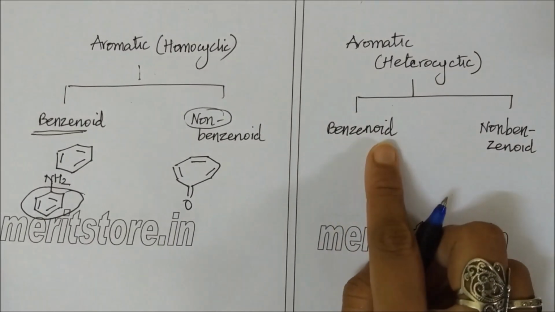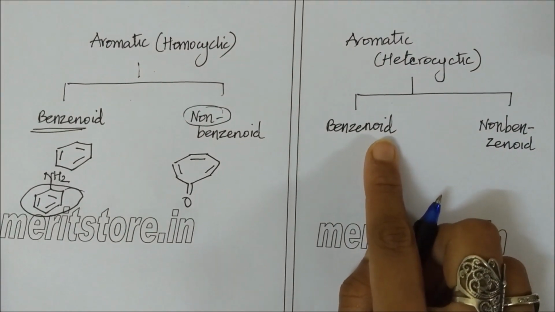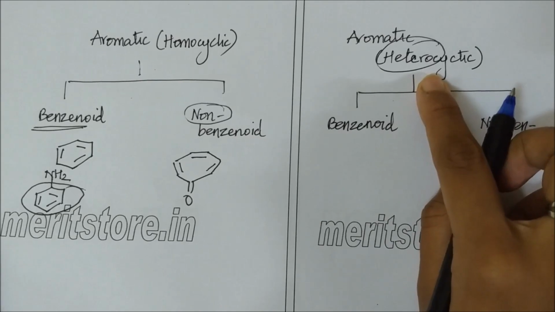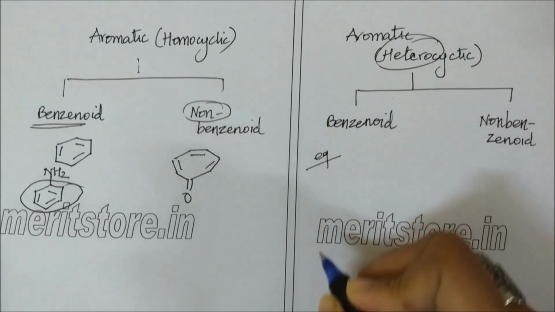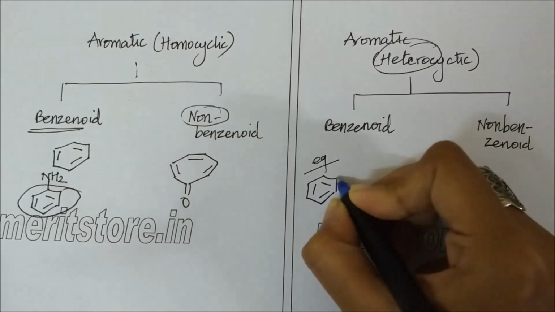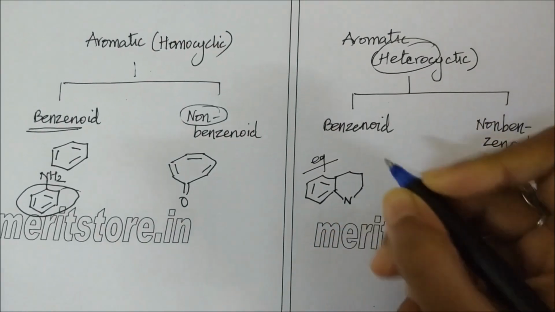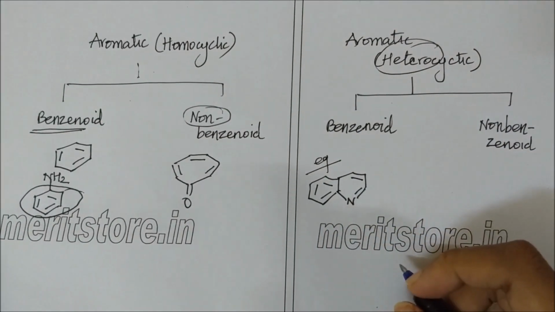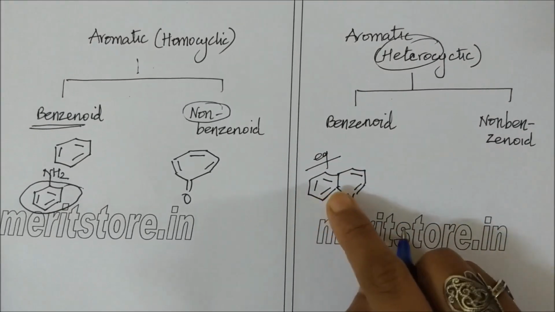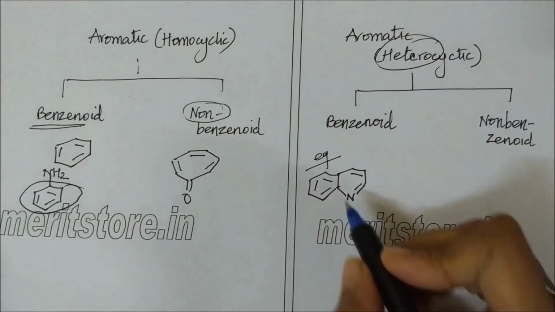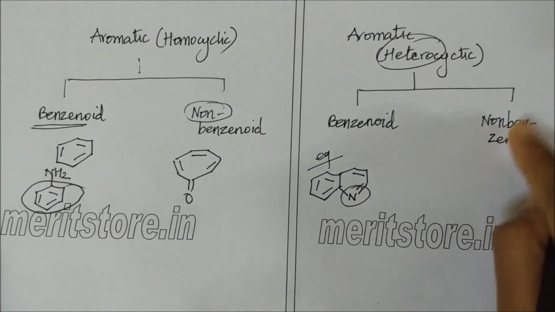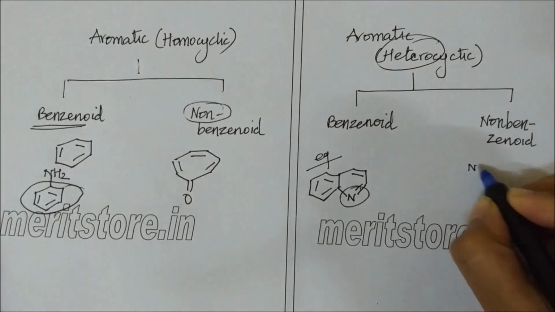Again, benzenoid means resembling a benzene nucleus, but here, since it is heterocyclic, there will be the presence of a heteroatom. An example here would be quinoline. There is a benzene nucleus and hence it is a benzenoid compound. It is aromatic and heterocyclic because of the presence of N, which is a heteroatom. A non-benzenoid heterocyclic compound would be azocine.